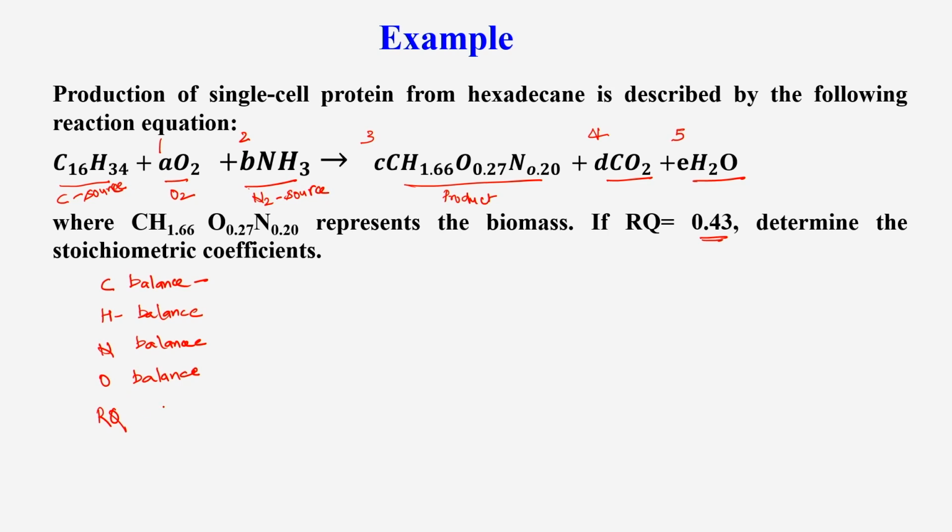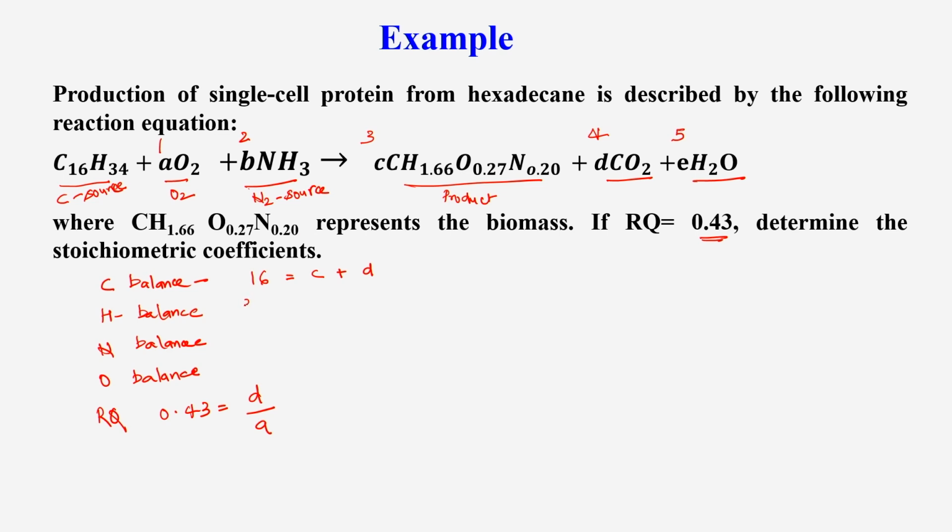RQ is directly straightforward: 0.43 equals CO2 formed, D, to the oxygen consumed, A, so D upon A. Let us go to the carbon balance. How much carbon is there on the left side? 16. It equals how much carbon is there on the right side? C plus D.